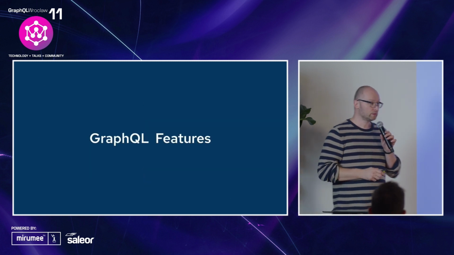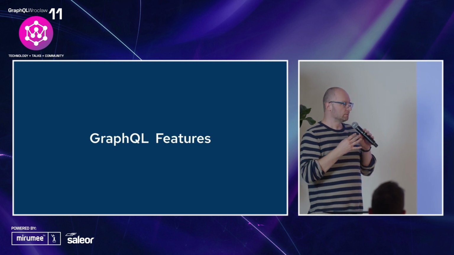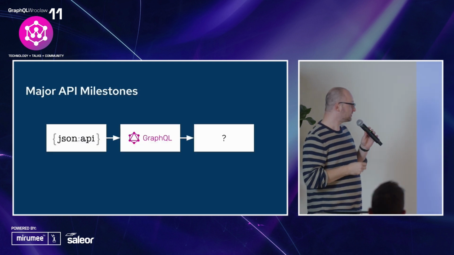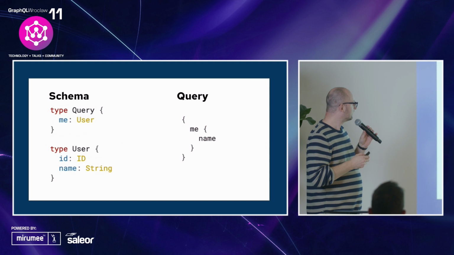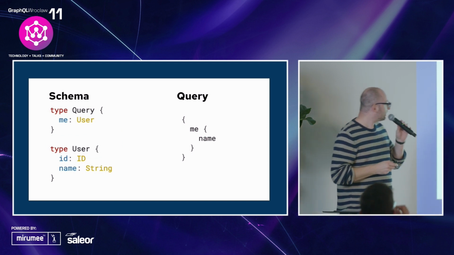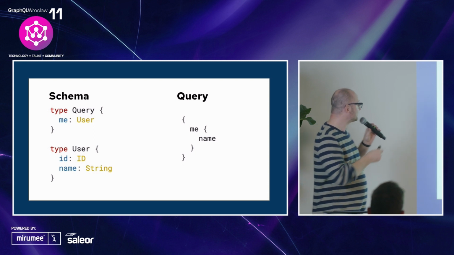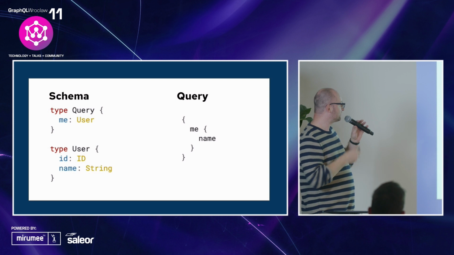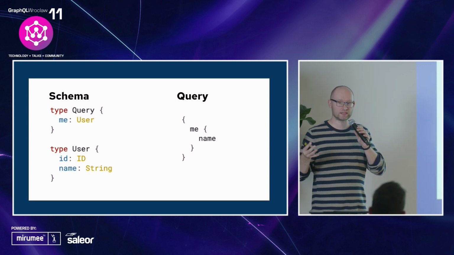So let's talk about those GraphQL functionalities, and things that a typical persona doesn't realize, how brilliant GraphQL is, right? So the slides were out of date. First, in GraphQL, we have two objects. We have the schema, which represents the backend. This is what we implement on the backend.